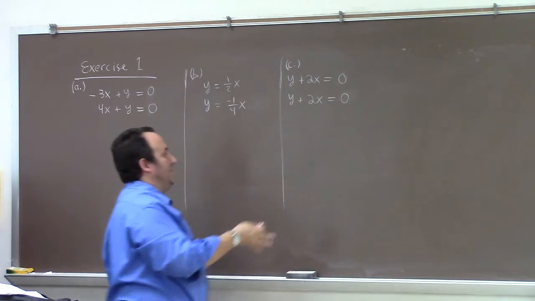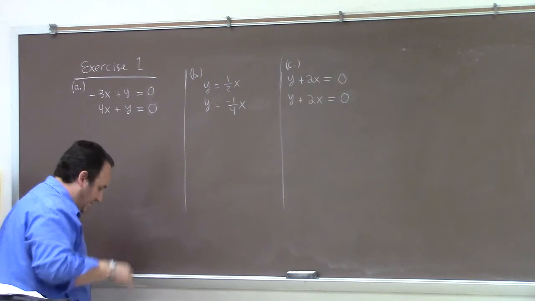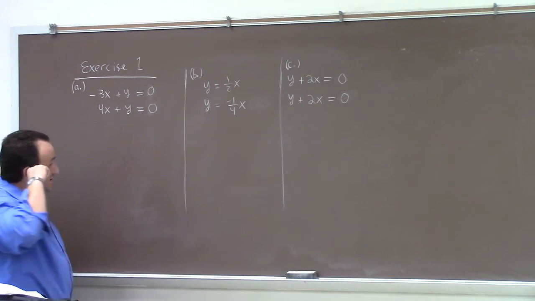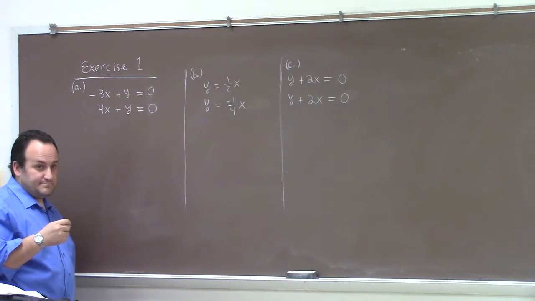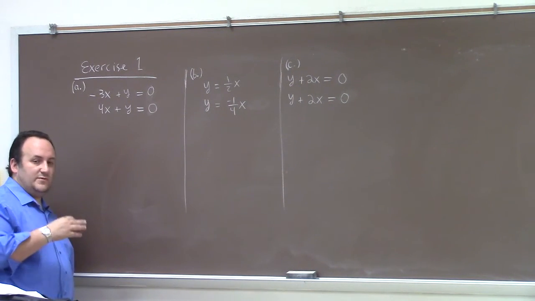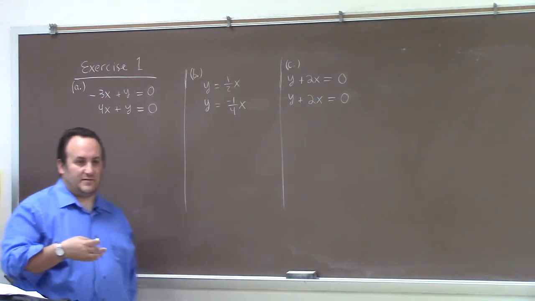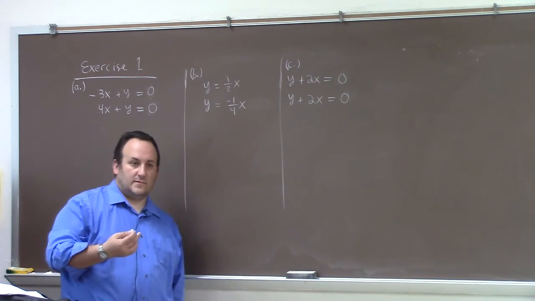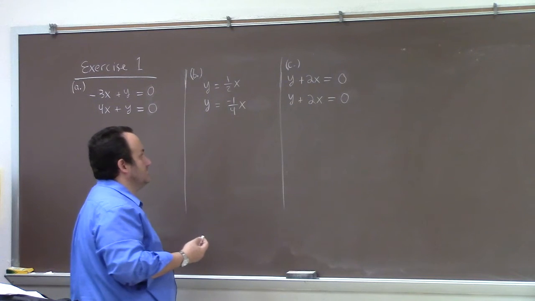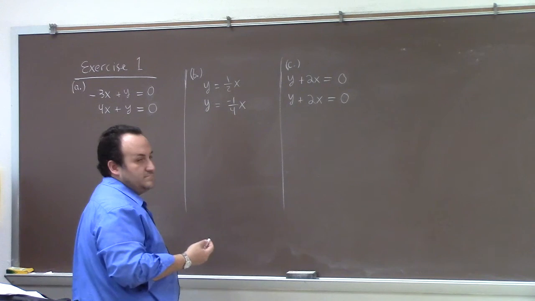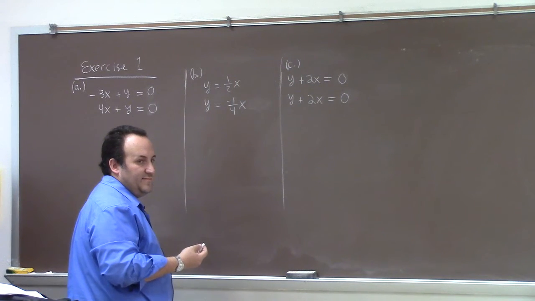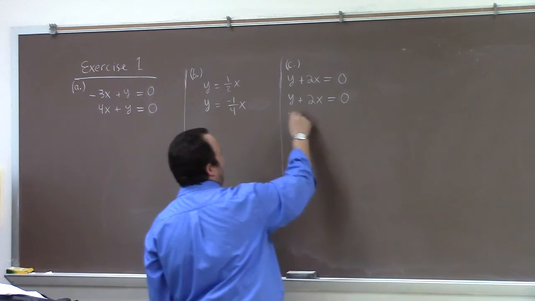All right, now I can answer the question without any qualms. Are these equations dependent or independent? So 2 equations are dependent if they're the same equation, just rewritten. Yeah, C is like obviously dependent.